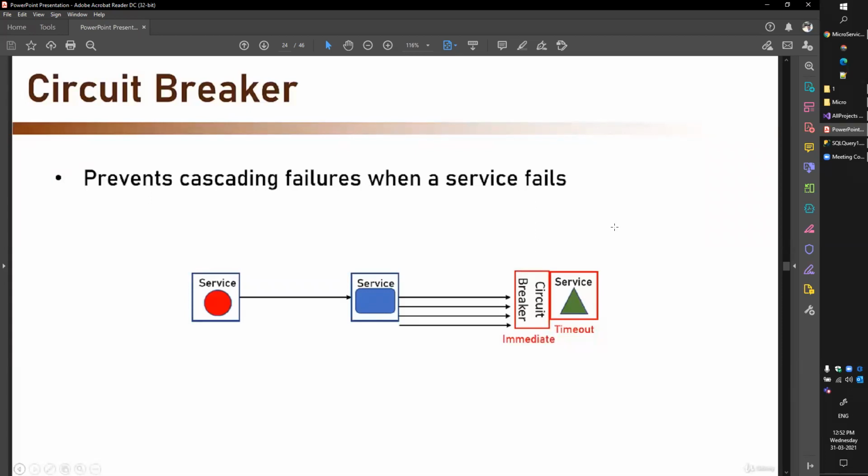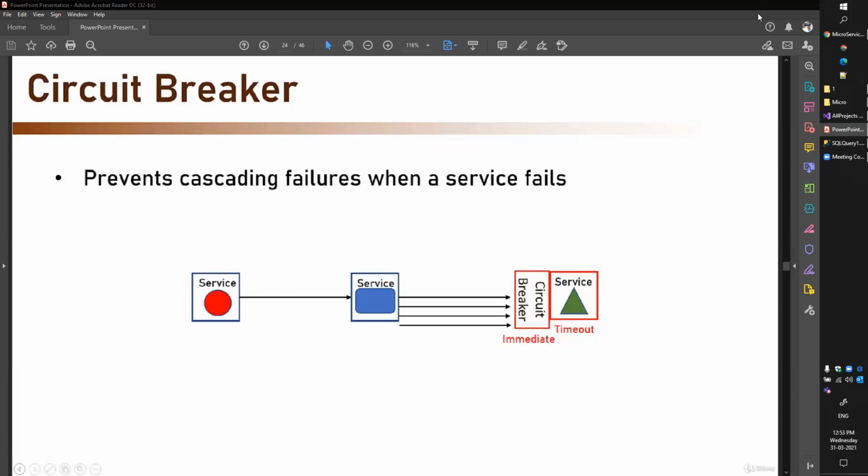You can have a fallback mechanism as well, redirecting the request to a third party that does the same stuff. It also does the healing of the affected service. It gives some time, and if it is overloaded, in due course of time it will respond correctly. This part is done by the circuit breaker.